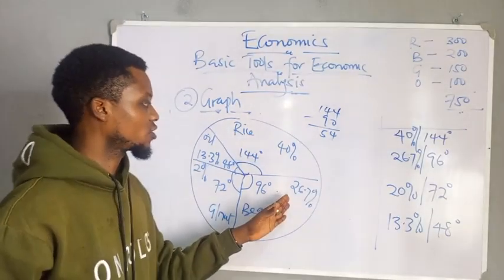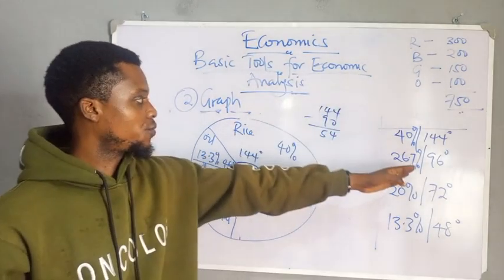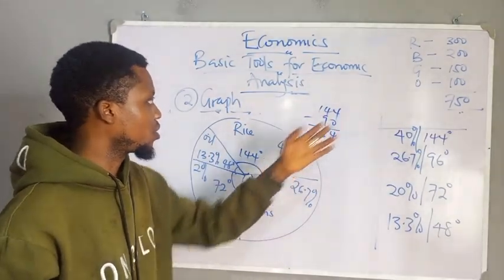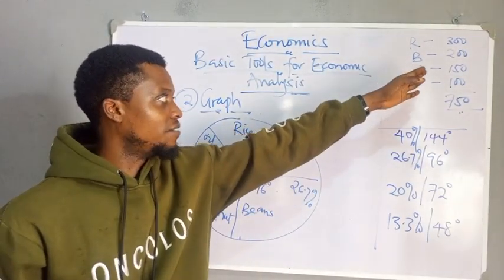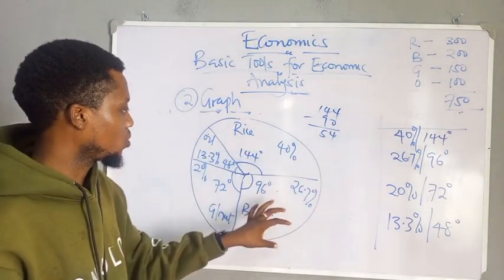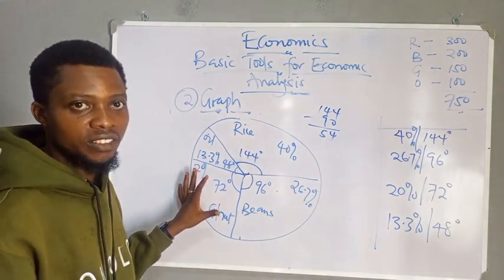So this is a pie chart showing the various sectors for the production of these various commodities, and these are the values in millions. This is how we represent our data in a pie chart.